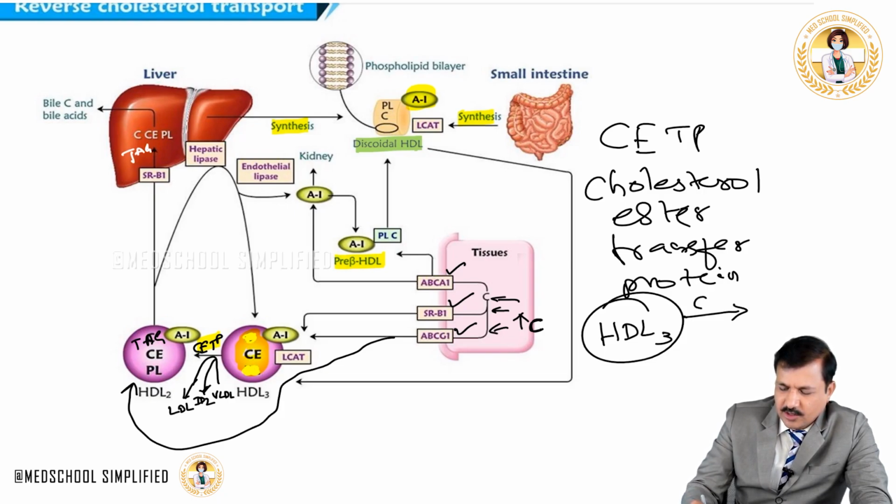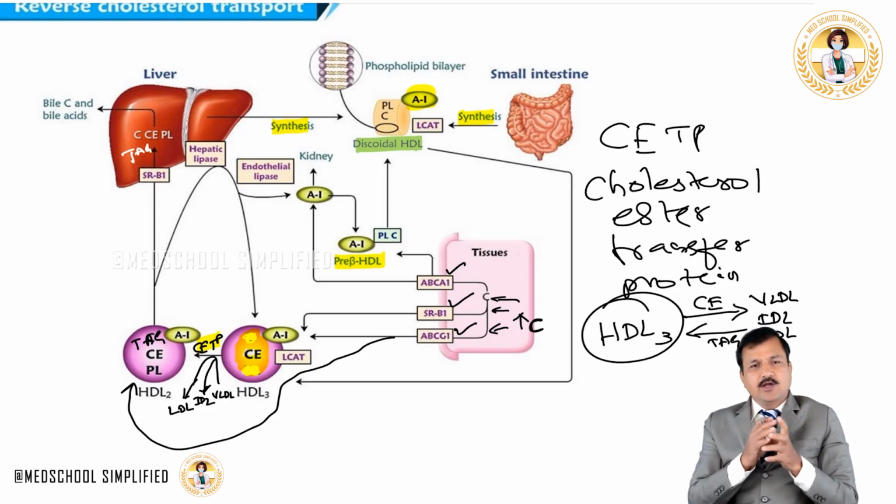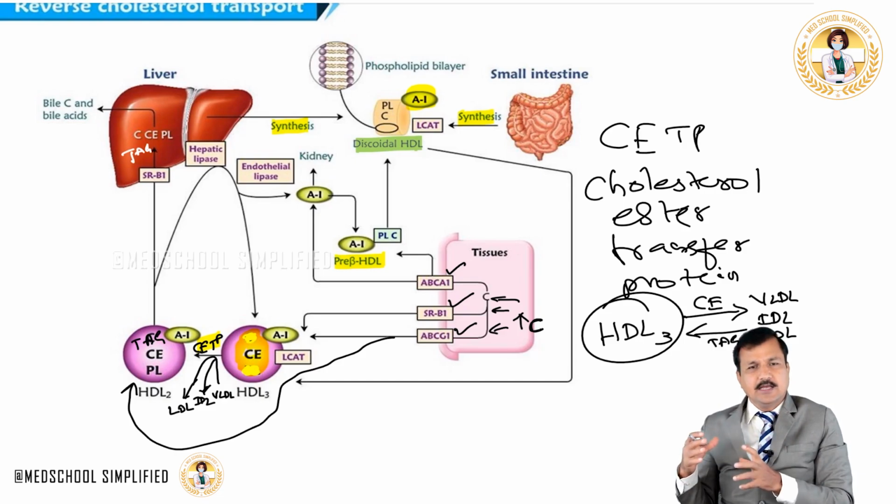Cholesterol ester transfer protein exchanges cholesterol ester present in HDL3. HDL3 is going to give cholesterol ester to VLDL, IDL and LDL, and in return, these VLDL, IDL and LDL will give triacylglycerol to HDL3. So this kind of exchange is going on between HDL3 and VLDL, IDL, LDL.